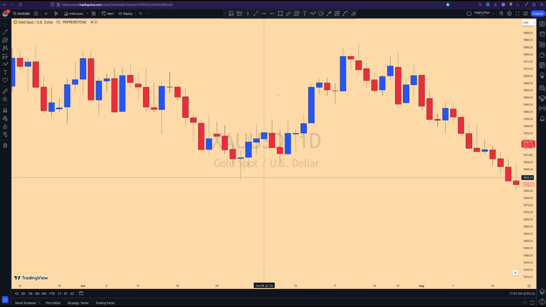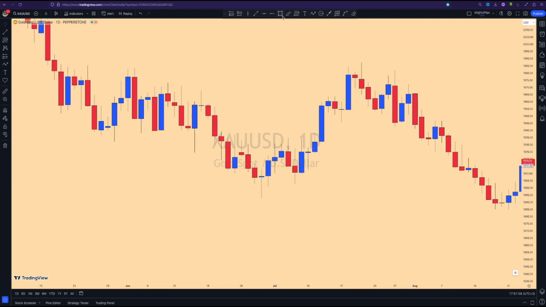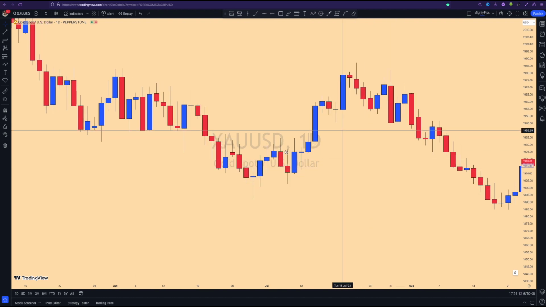Remember, this is gold. You can do this on any currency pair, and you can do this on the time frame based on what you are going to trade. So let me show you how to draw structures here.